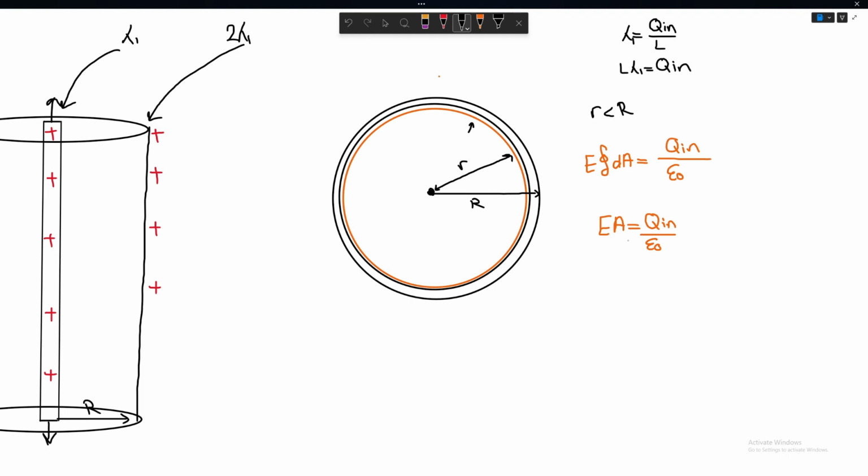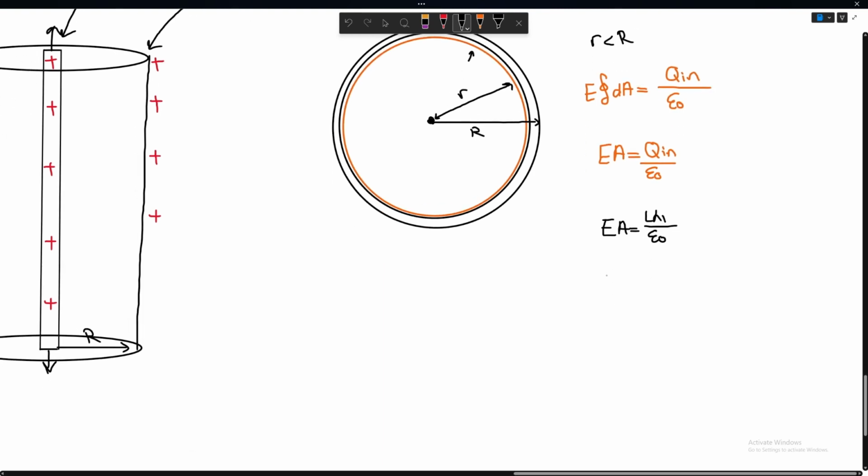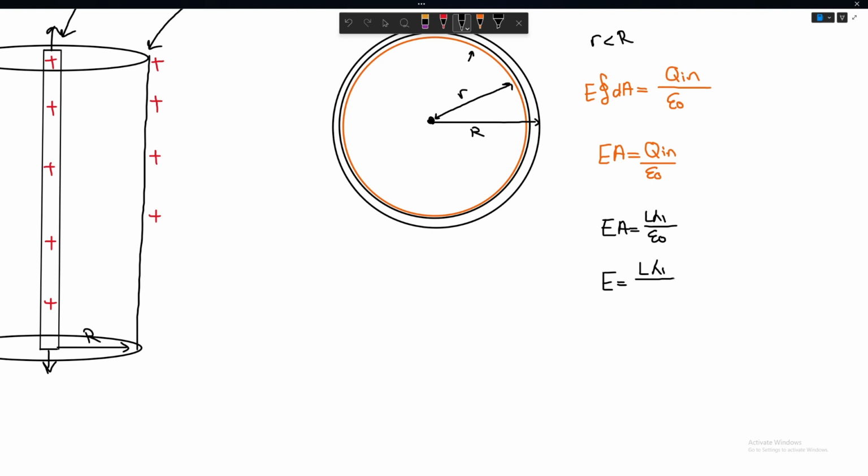And replace that in, so EA equals L lambda 1 all over E naught. Now obviously I'm looking for the electric field, so what I can say is the electric field equals L lambda 1 over E naught, divided by the area.